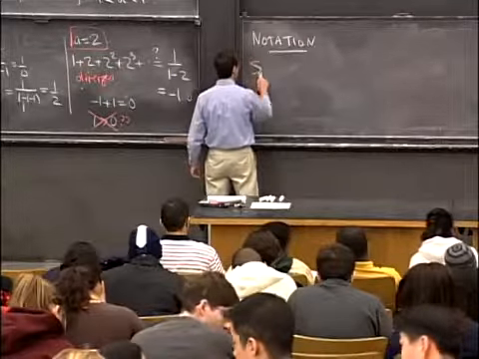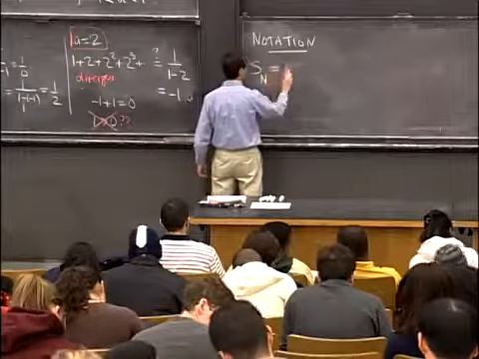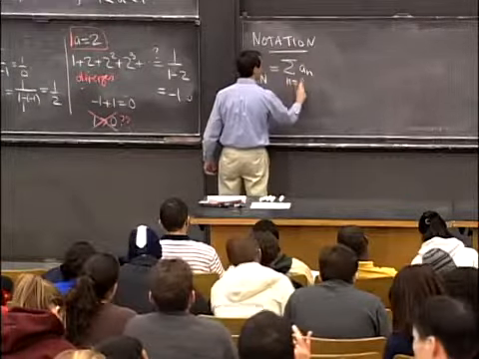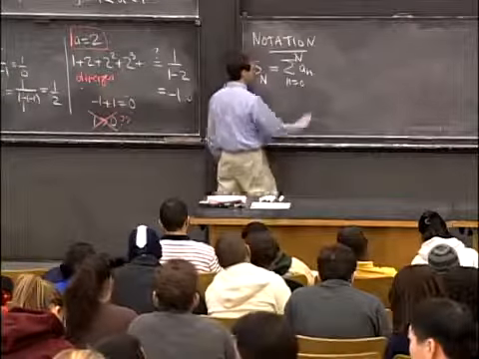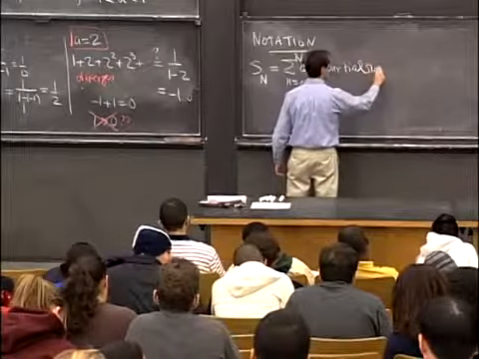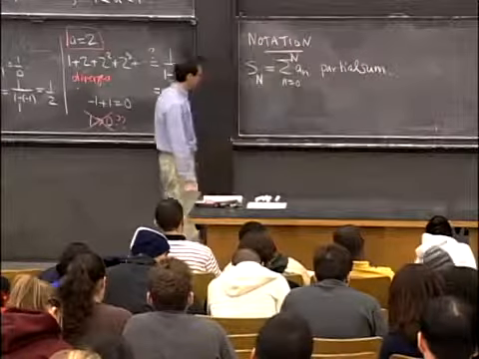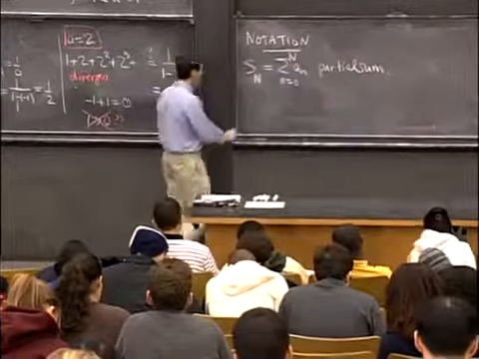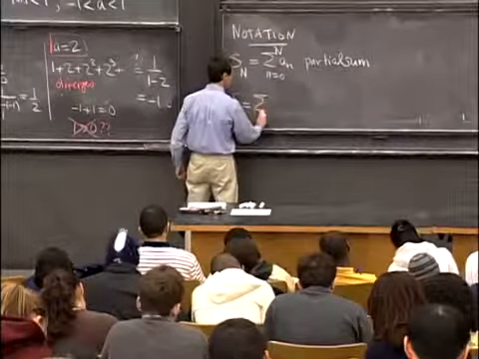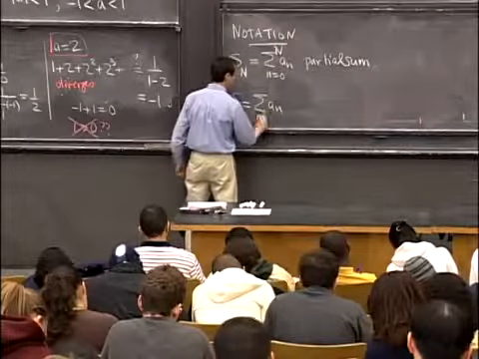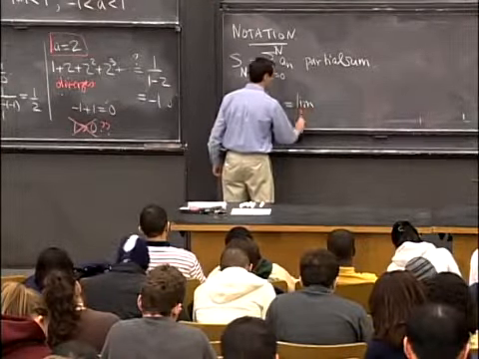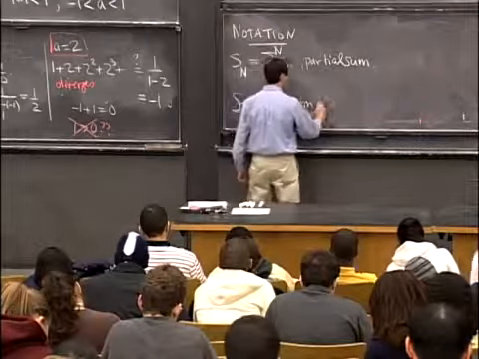First of all, I'm going to have capital S_N, which is the sum of a_n, n equals 0 to capital N. This is what we call a partial sum. And then the full limit, which is capital S, the sum for n equals 0 to infinity, is just the limit as N goes to infinity of the S_N's.